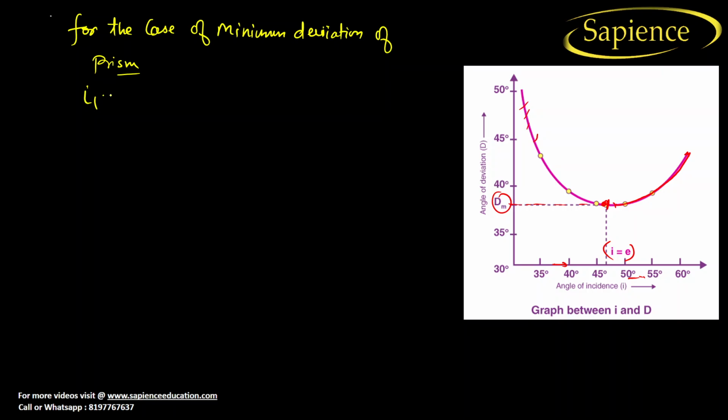So in the case of minimum deviation of a prism, I1 will be equal to I2, and R1 is equal to R2.